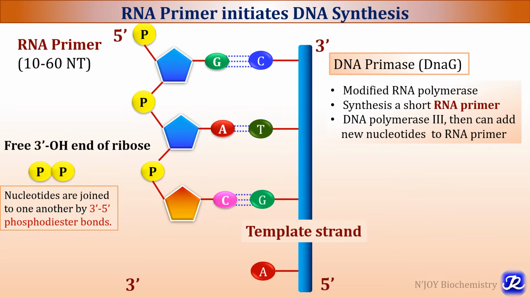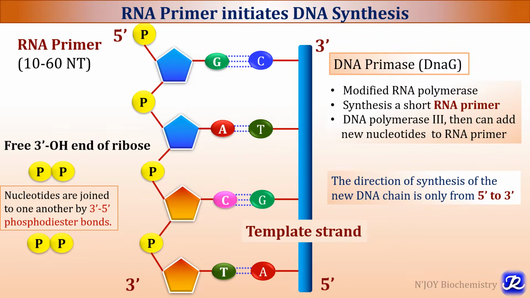The energy required for this process of adding nucleotides is provided by this release of pyrophosphate, and this is how DNA polymerase can catalyze the polymerization of various nucleotide precursors into a DNA chain.